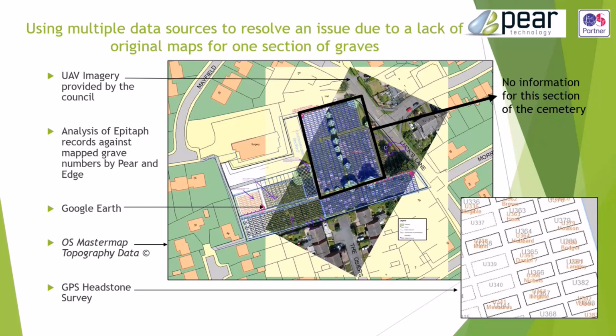We've then compared that against the data in Epitaph to ensure that grave numbers all match up. And as a final check, one of our team has been to site with an accurate GPS to plot the location of each grave, so then we can carry out all the final checks and ensure the maps are as good quality and accurate as they possibly can be.